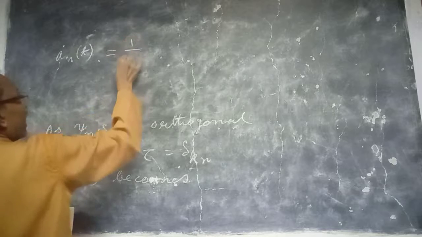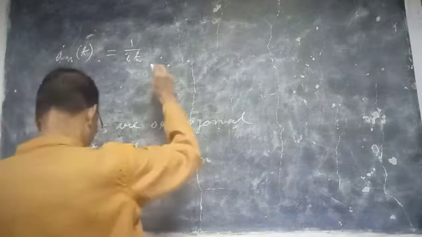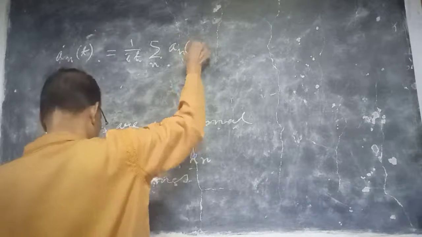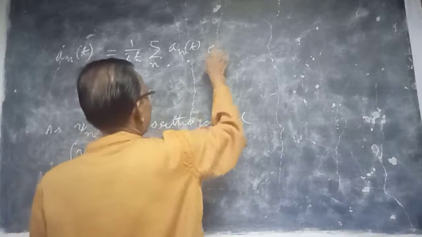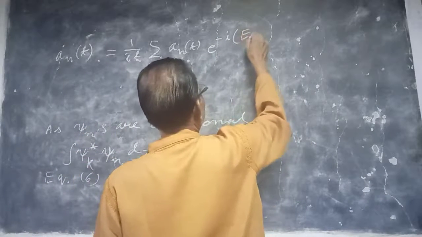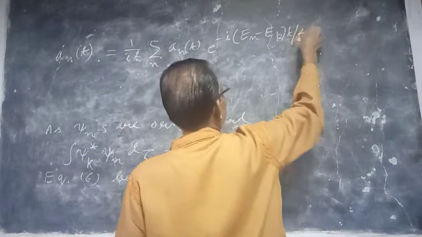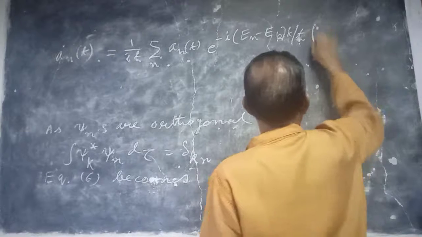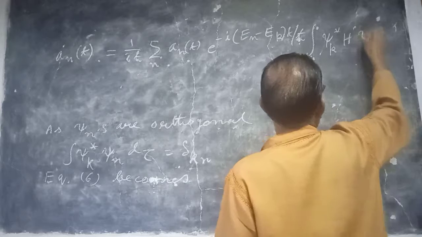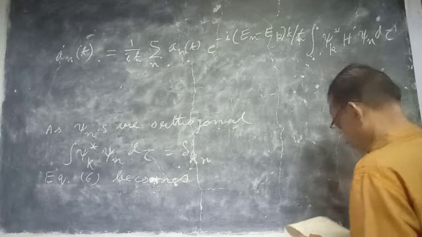That will be equal to 1 by i h cross, this i h cross will come on this side, sum over n a n t e to the power minus i (E n minus E k) t by h cross, integration psi k star H prime psi n d tau.